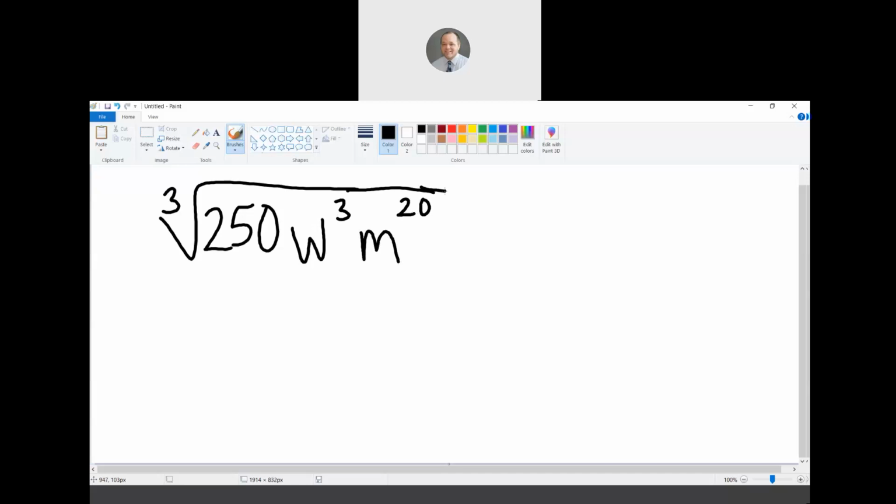And the directions will say simplify your radical. 250 itself is not a perfect cube root, but one of its factors actually is. Break down 250 as 125 times 2.